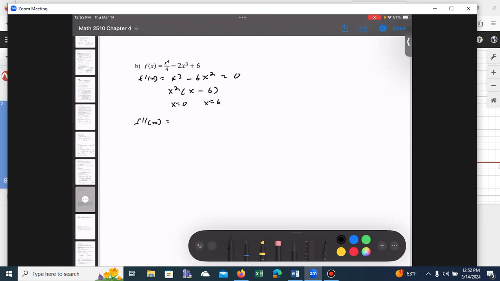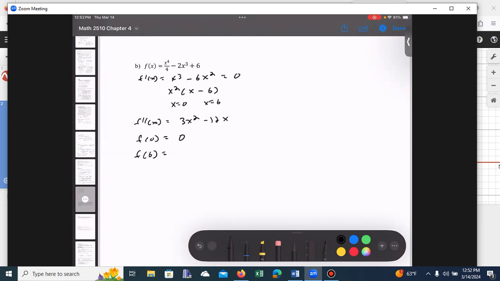Take the second derivative. You get 3x squared minus 12x. And again, we don't set that equal to 0. We just plug in what we got for our first derivative being equal to 0. So f double prime of 0 gives us 0.